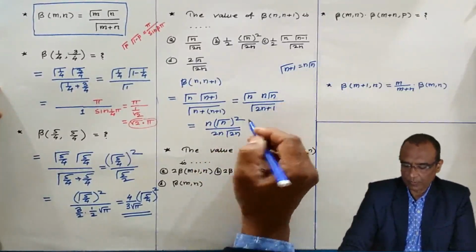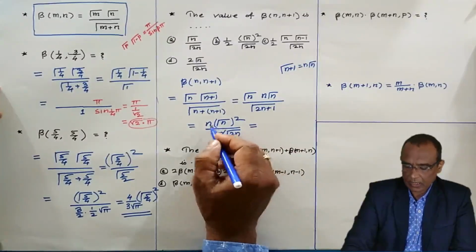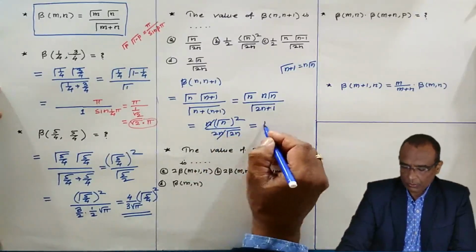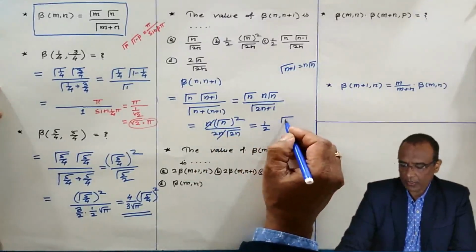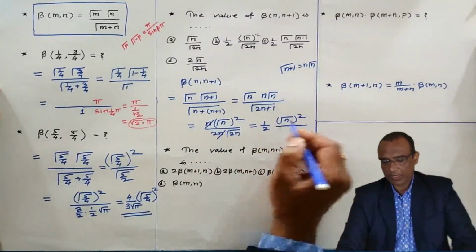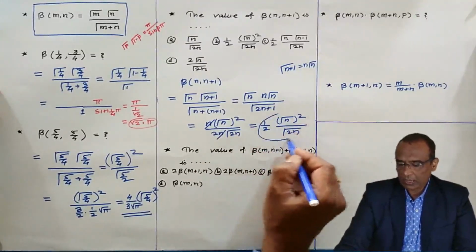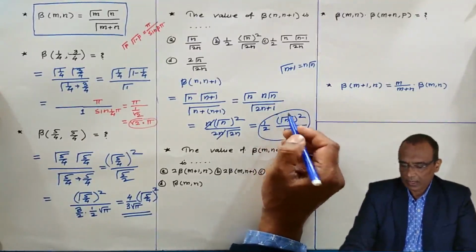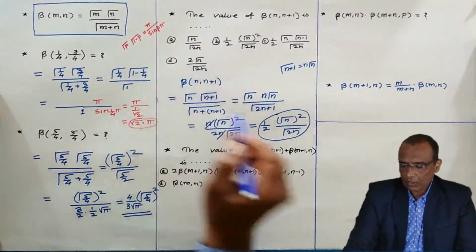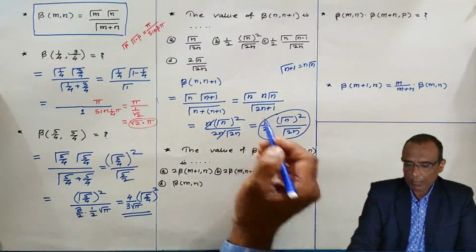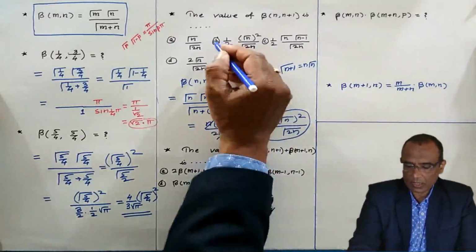See this formula. Now this n gets cancelled. 1 by 2 gamma n squared as it is, and gamma 2n is as it is in the denominator. So this is the correct answer. Is it there? 1 by 2 gamma n squared over gamma 2n, this is the correct answer.